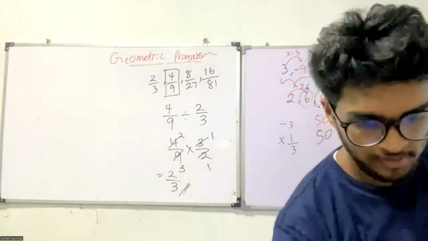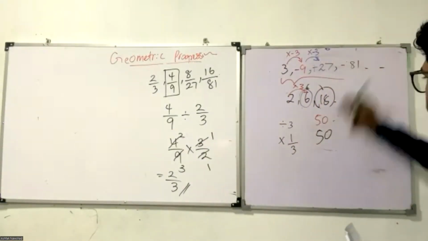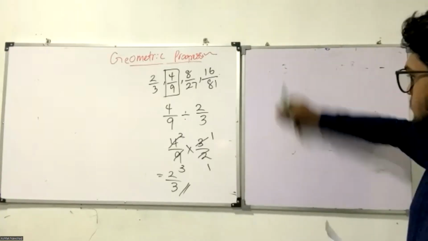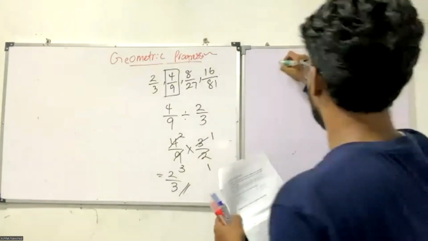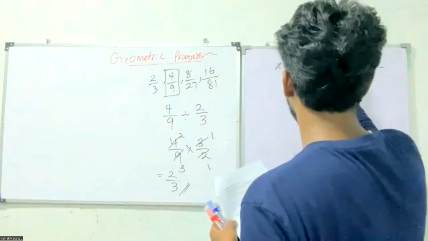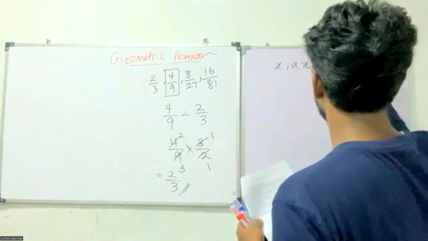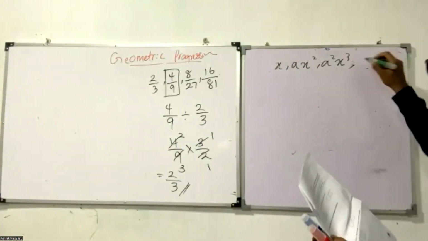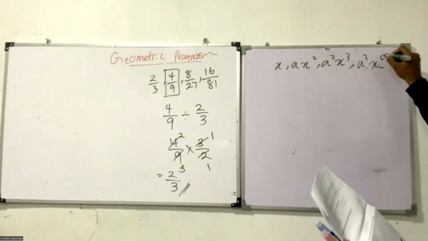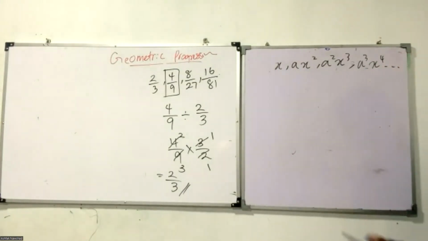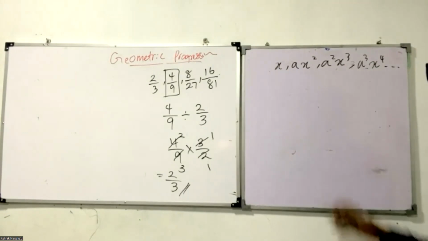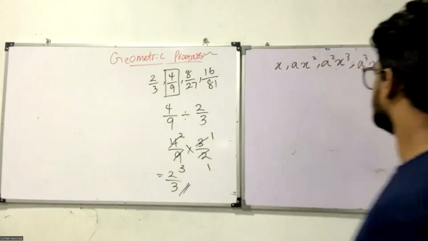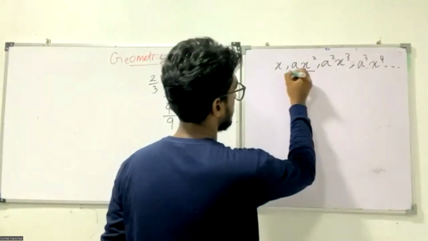Let's move on to the fourth one. x, ax squared, a squared x cubed, likewise a cubed x to the power 4. Don't worry about the powers, these are simple stuff.